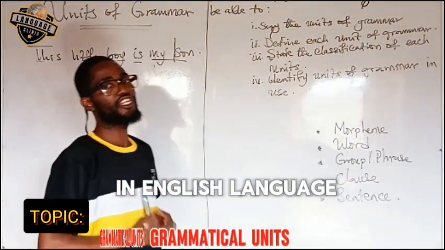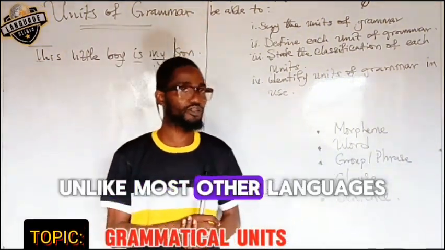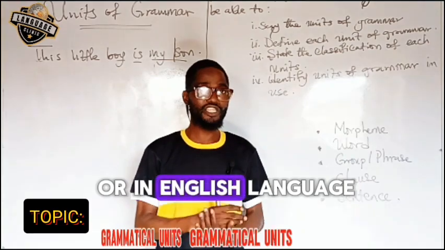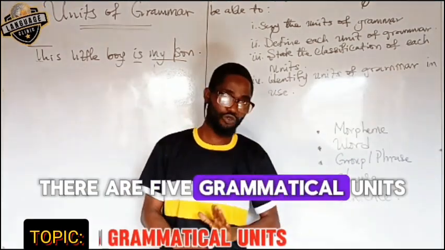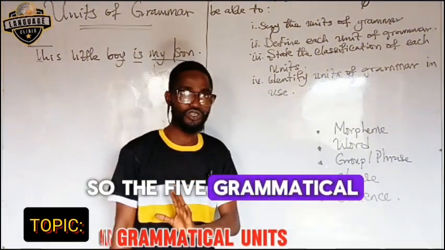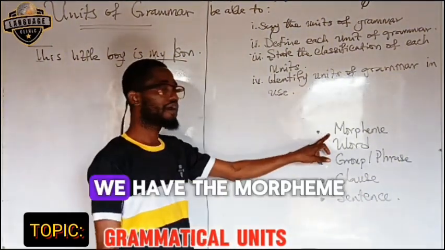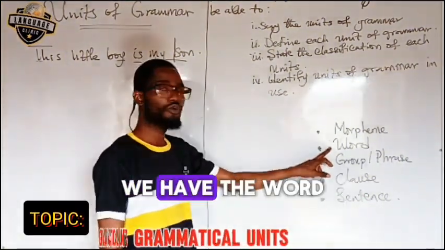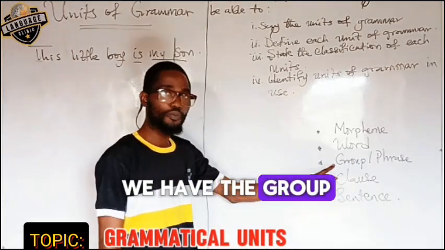In the English language, unlike most other languages, there are 5 grammatical units. The 5 grammatical units are, number one, the morpheme; two, the word; three, the group, or we call it phrase.